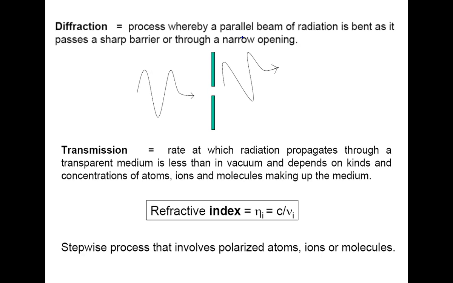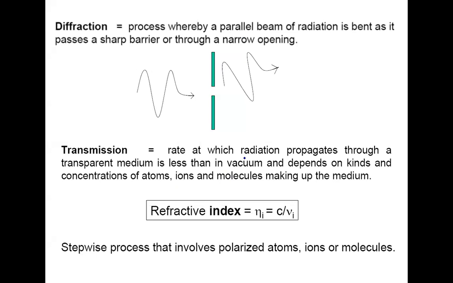A equals minus log of T. Those two basic formulas are important, and we are going to add another one using Beer's law, all right? So in transmission, the rate at which radiation propagates through a transparent medium is less than in a vacuum, okay? In a vacuum, that's where we have the speed of light measured. What's the number again for the speed of light in a vacuum?